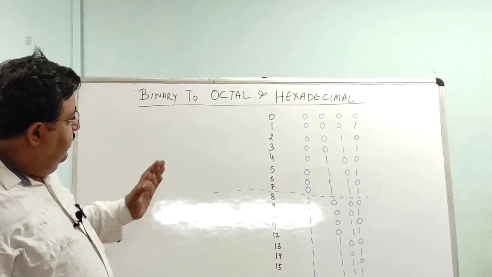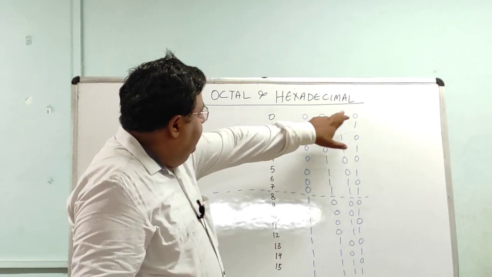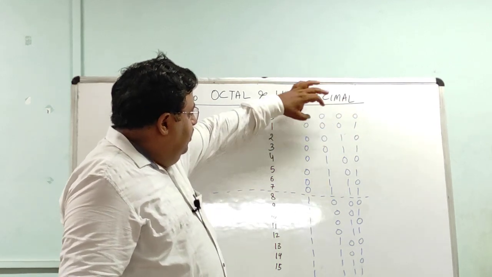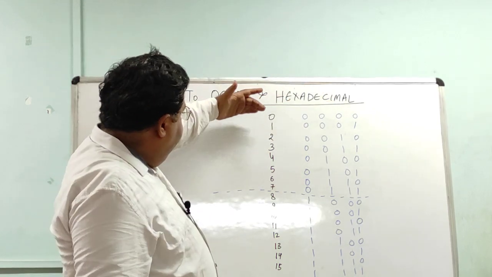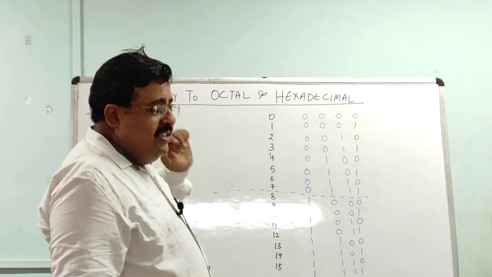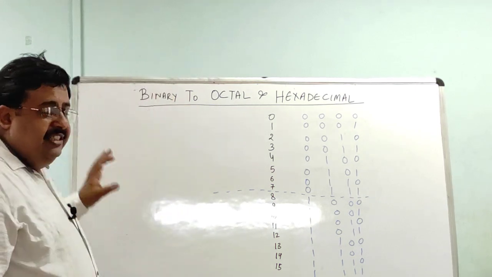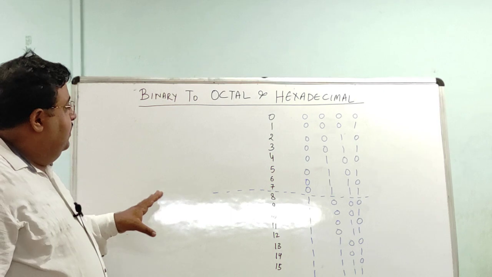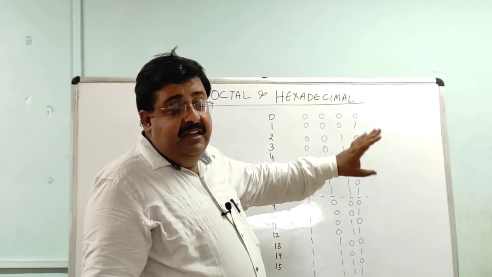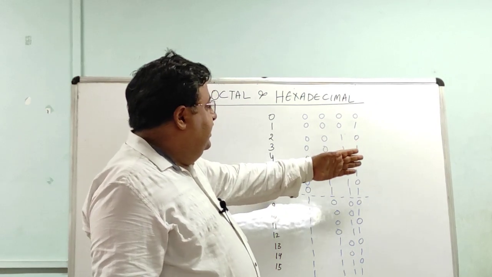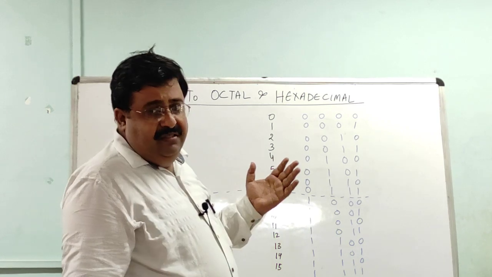Now, if we look into the binary, we see that only 3 bits are changing their values from representation of 0 to 7. That means any octal digit can be represented with the help of 3 binary digits, and 3 binary digits can be represented with a single octal digit.